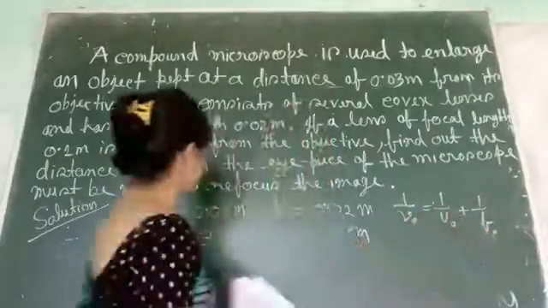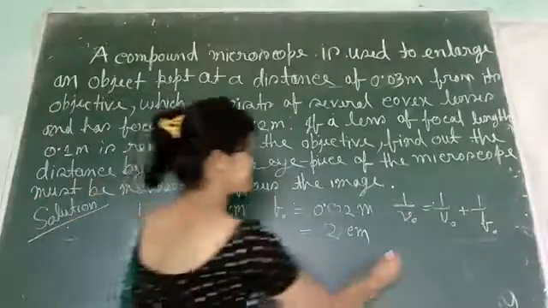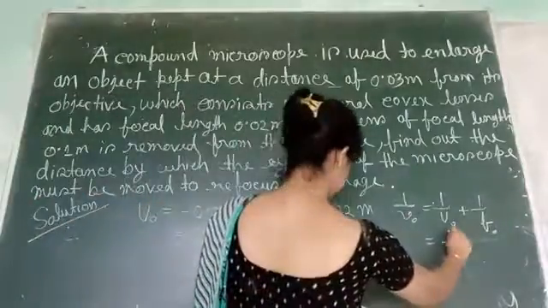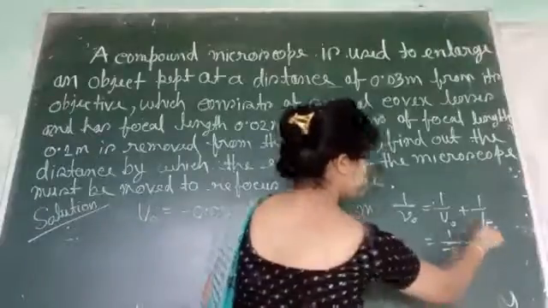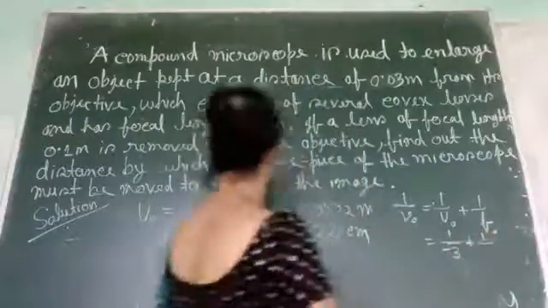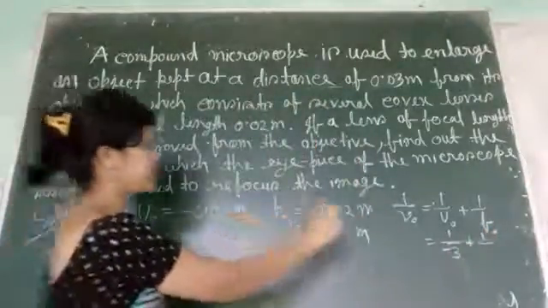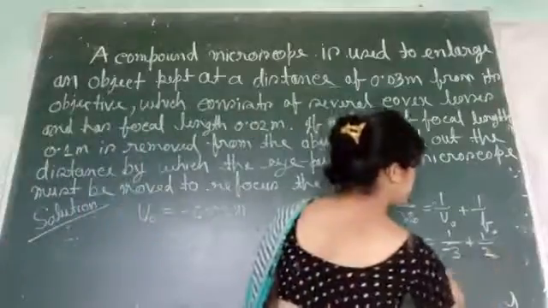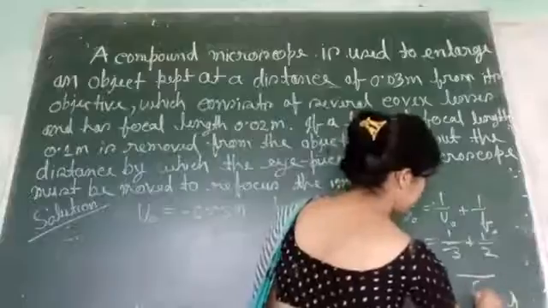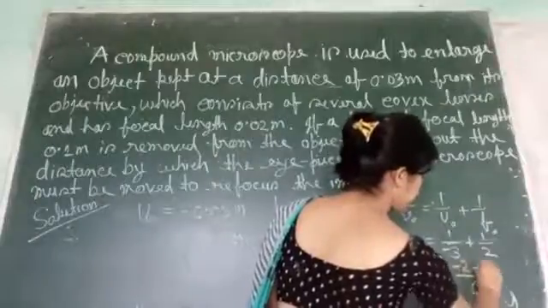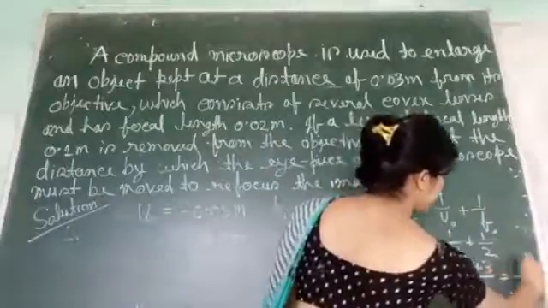So here u naught is given. What is it? 1 by minus 3 plus 1 by f naught, where f naught is 2 centimeter. So if we simplify this, we get 6 minus 2 plus 3, that means 1 by 6.